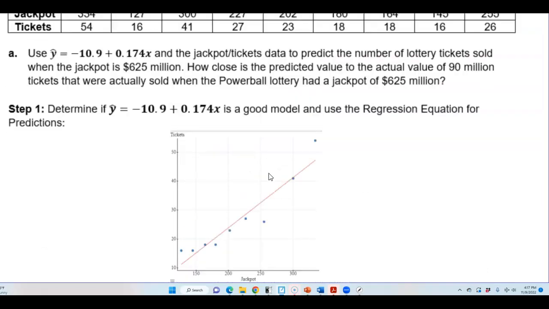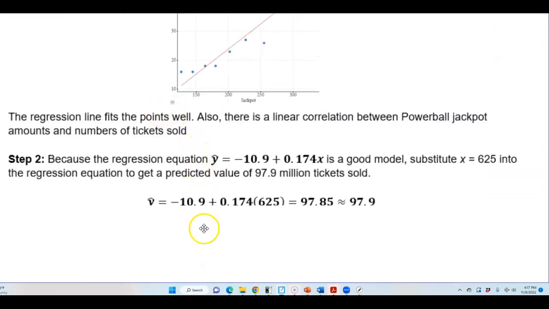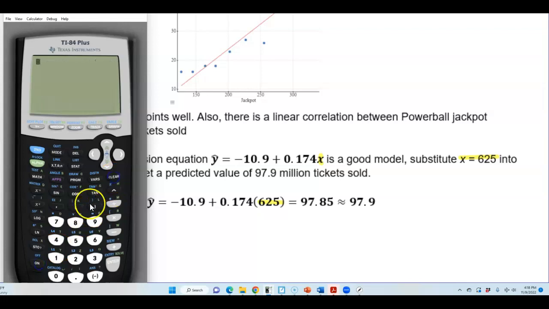sold. So up here, this is the question. We want to find out, can we plug this value in? We know the value of x is equal to 625, and we're going to plug it into this equation. So we have negative 10.9 plus 0.174 times 625, and that gives us 97.85.